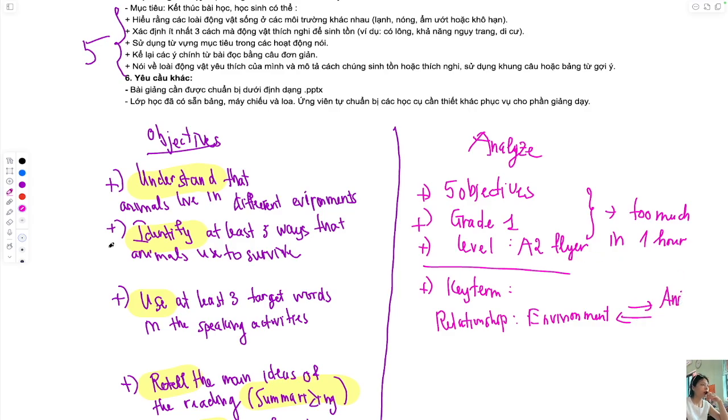Or, the better way to say it, the ways animals survive, actually. Environment and ways that animals survive.